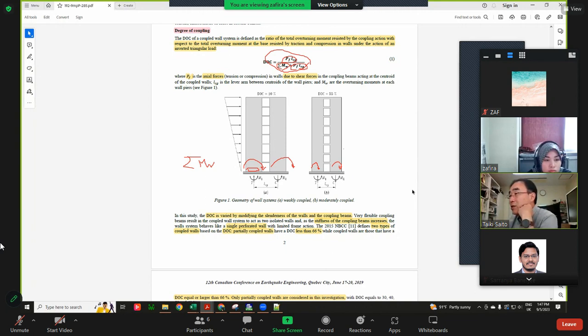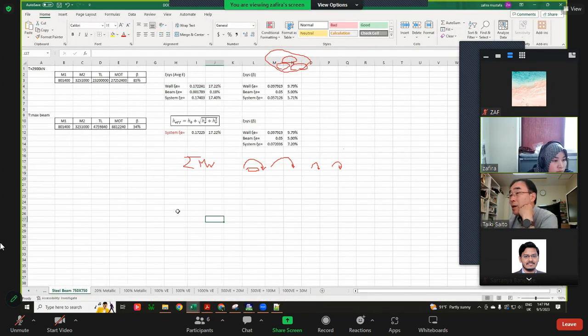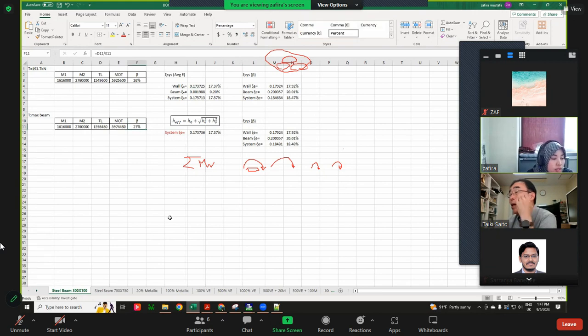In our case, the degree of coupling is, I remember, 80% for this one, and for the steel beam, 50%. If you have a smaller beam, it becomes 27%.